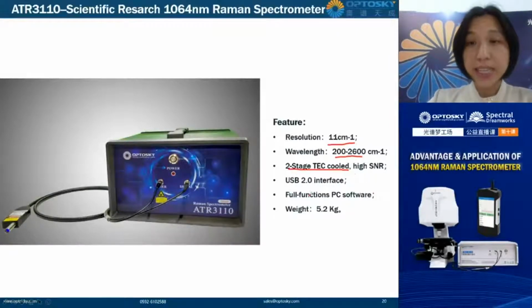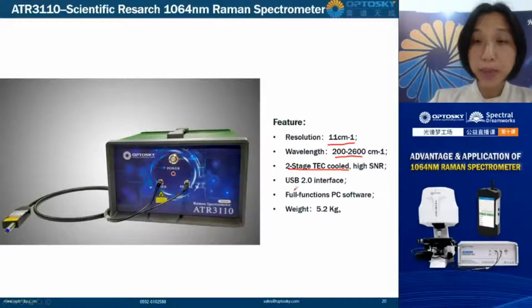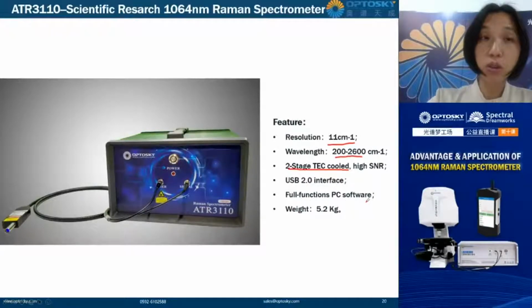And you can see that it uses the USB 2.0 interface, and it can use the full functions PC, all function. The PC software is the most advanced, and it has many functions, and the weight is about 5 kilograms.